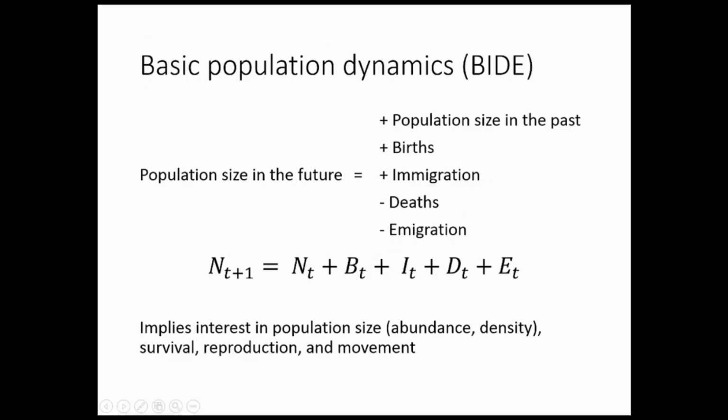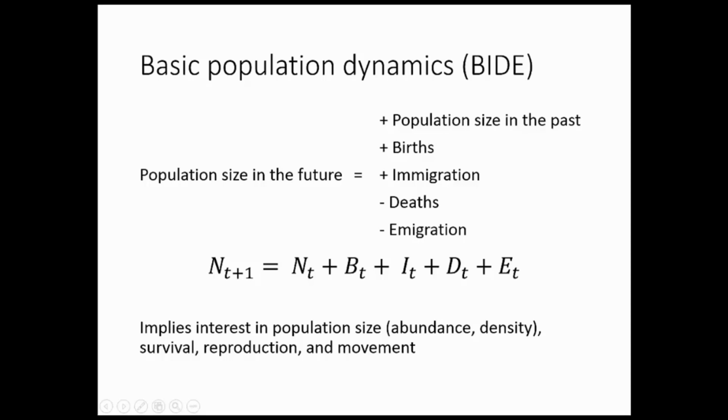So here's a basic model of population dynamics where we have population size in the future represented by N at time t plus 1 equals population size in the past at time t plus births plus immigration minus deaths minus emigration.